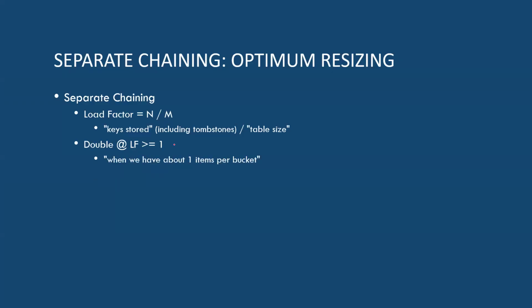In a situation where we're doing separate chaining, load factor is essentially the average number of items per bucket. So that's an important fact to keep in mind. Load factor for separate chaining is synonymous with the average number of items per bucket.